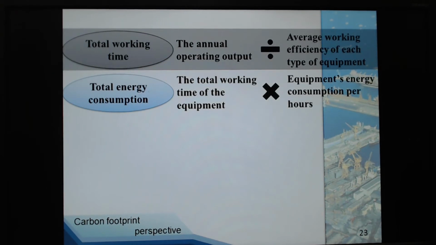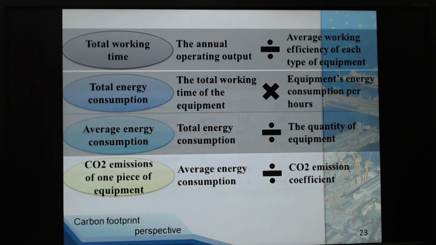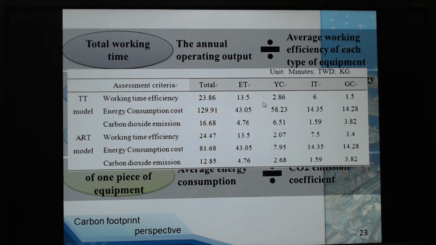So you can see, this is our method, and calculating like this, the TT total working time efficiency is about 23.86, energy consumption 129.91, CO2 emission 16.68. ART working efficiency is about 24.47, energy consumption cost 81.68, CO2 emission about 12.85.